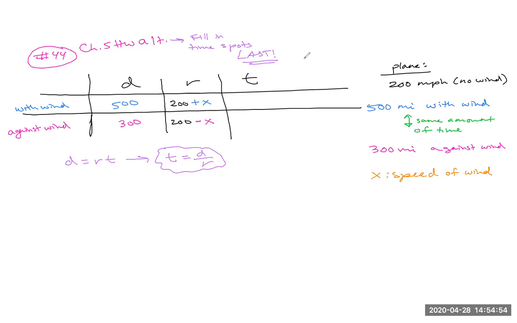And then finally from here, this is when we get our times with respect to x. So that's going to be 500 divided by 200 plus x for with wind, and against wind will be 300 divided by 200 minus x.